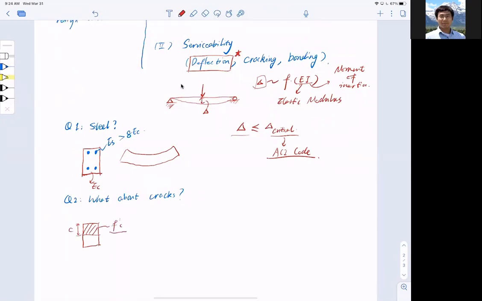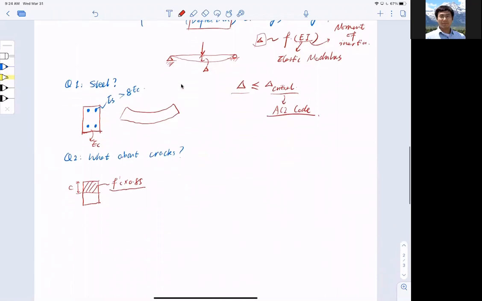Matter of fact, we use f'c, and if I want to be more specific, it's 0.85 f'c. It's not even f'c at failure, meaning that the stress response is nonlinear. And also, if you remember, we ignore this section because the tensile strength of the concrete is almost zero.